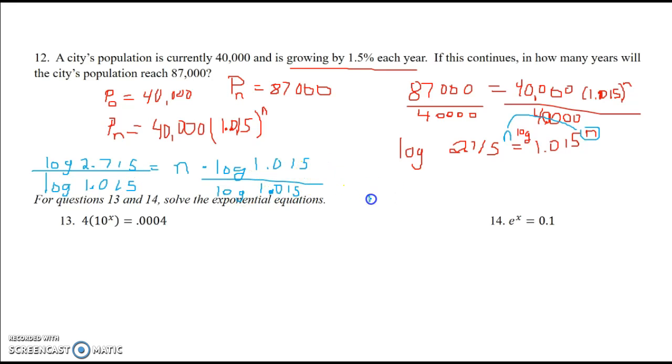So then n is going to equal, when I do that division, and you can do that on the calculator, 67.08. So you can say approximately in 67 years, or since that .08 actually represents another year, you can say in approximately 68 years.